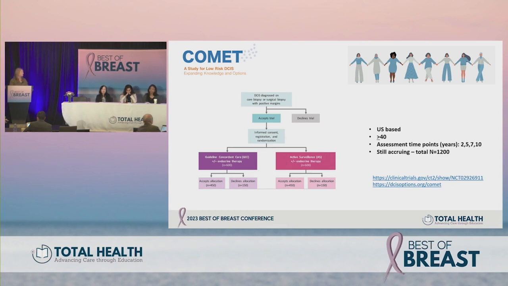Yeah. So a lot of DCIS actually do not progress to invasive breast cancer, but how to identify those patients, and also to reduce overtreatment for low-risk DCIS patients. So the COMET trial is ongoing.